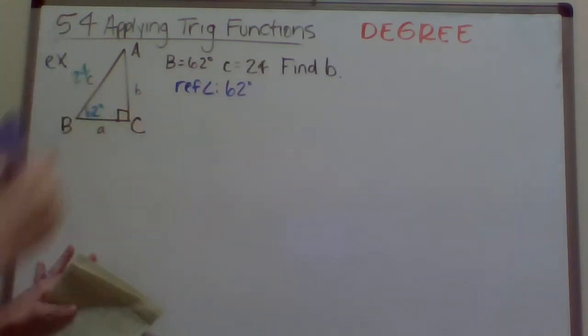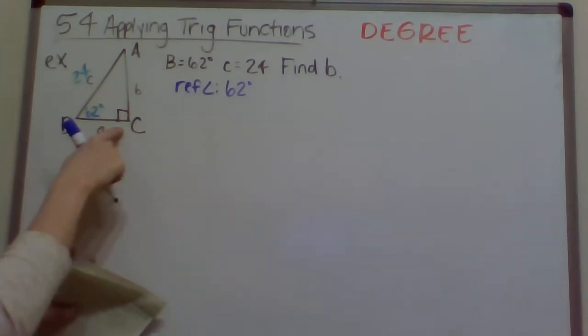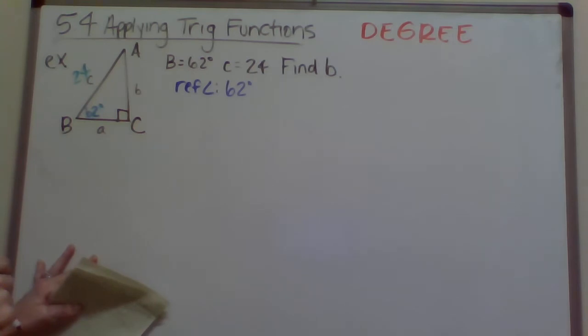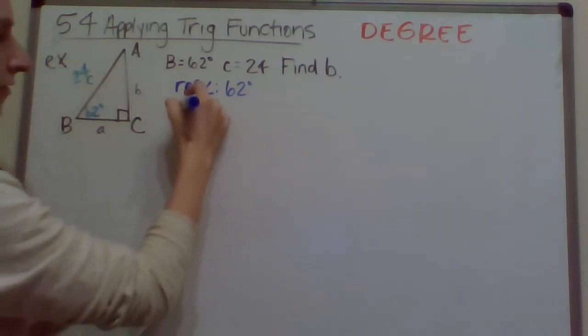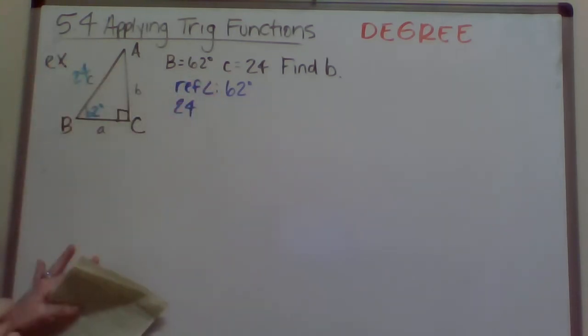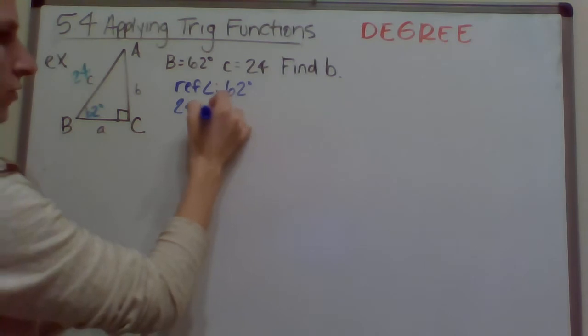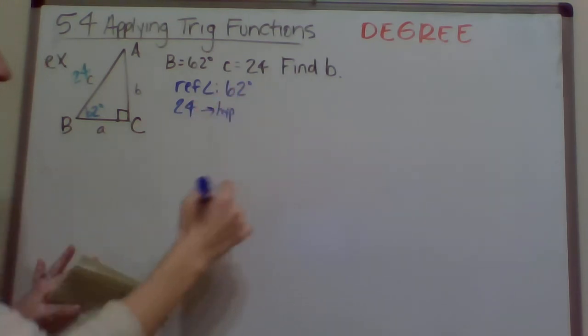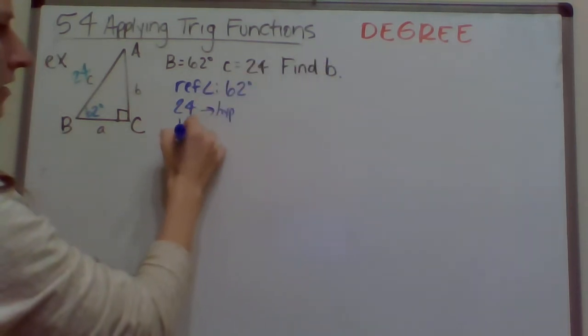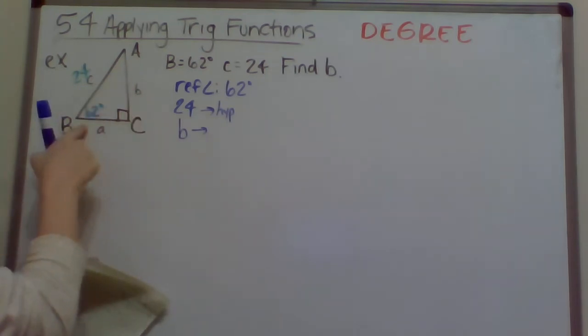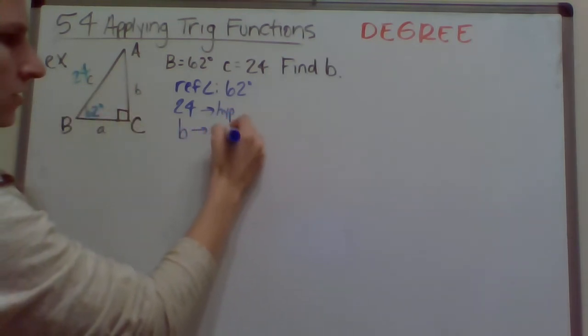If you want, you can solve for angle A and use that as your reference angle, but the important thing to remember is you can never use the 90 degree angle as a reference angle. Then from that reference angle, I'm going to ask myself, what information do I have? Well, I have the length of 24, which stands for the hypotenuse of the triangle, and I'm trying to solve for b. So side b is opposite of the 62 degree angle.